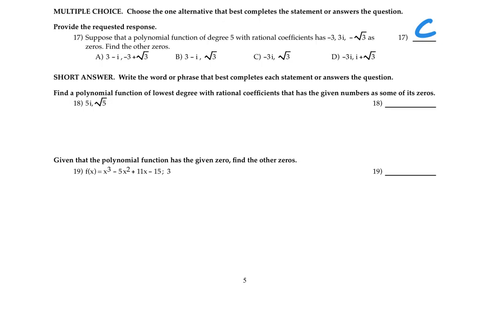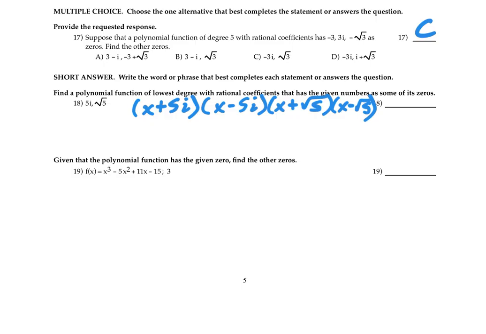Hey, number 18 is very similar to number 16, and this ties into the one we just talked about. If it has an i, it always comes in pairs. So x plus 5i, x minus 5i are my two factors for that. x plus radical 5, x minus radical 5 are also two factors.